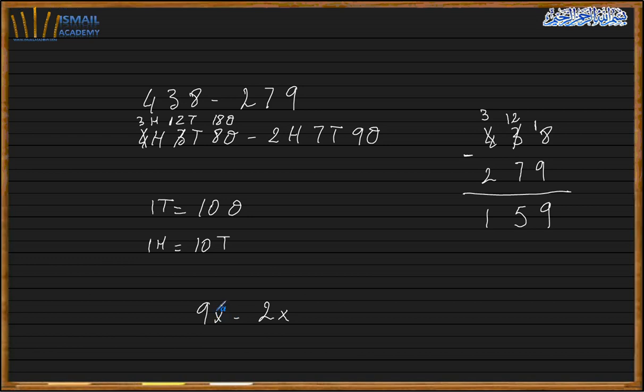I have similar quantities and I have 9 x's minus 2 x's. It's like I'm having 9 apples minus 2 apples. I will reduce 2 apples from 9 apples. So here what's left is 7 x's. The same thing here will be 7 apples.